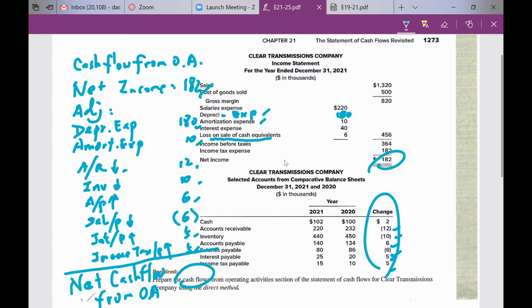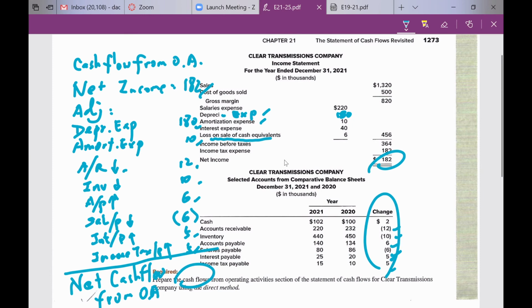Investing is about long-term assets. For example, we purchase equipment or sell equipment. Those are the cash flows related to investing. But this is cash equivalent, so it's not an investing cash flow.